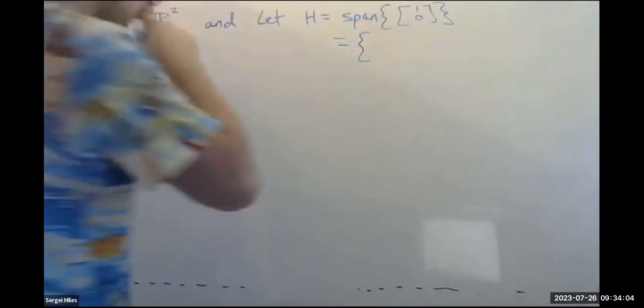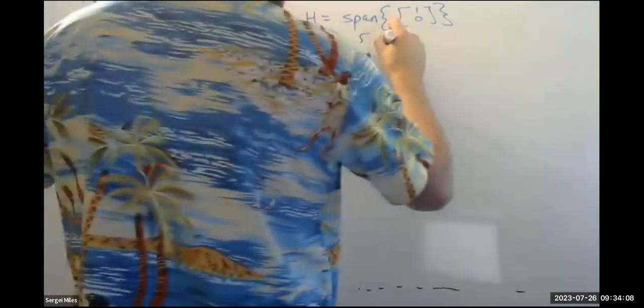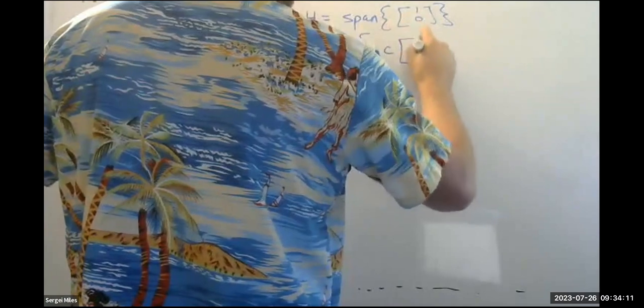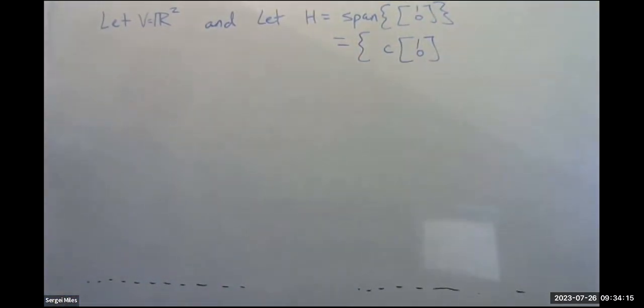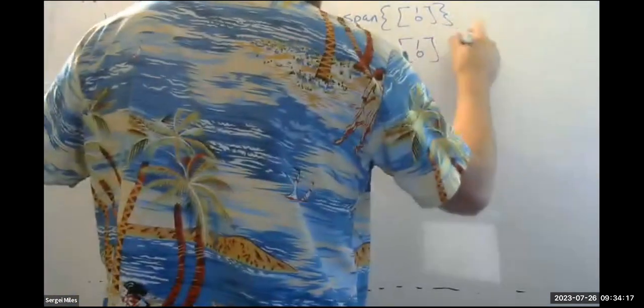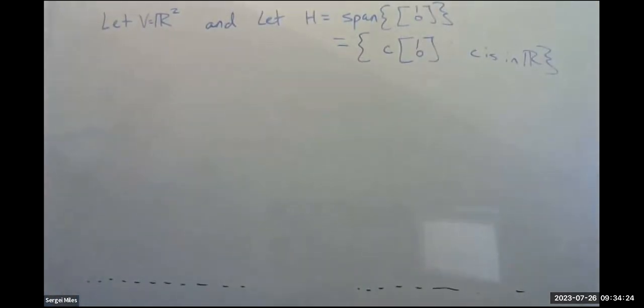Well, when you're trying to take linear combinations of a single vector, all you can do is just scale it, right? So this is the set of all possible scalars c times (1, 0), such that c is in R. Again, this is an infinite set. So what does this set even look like?